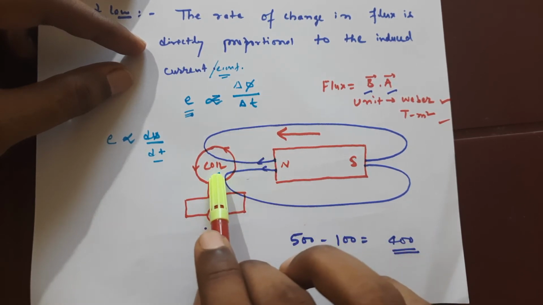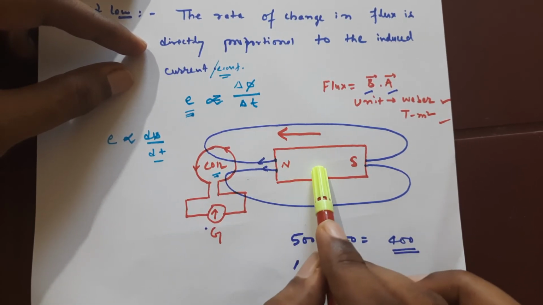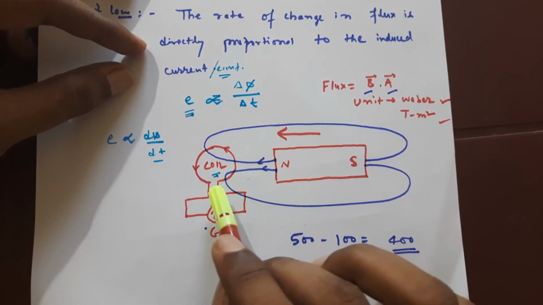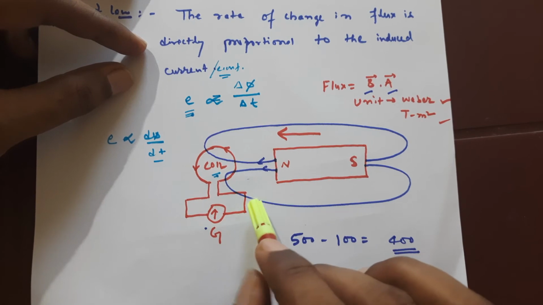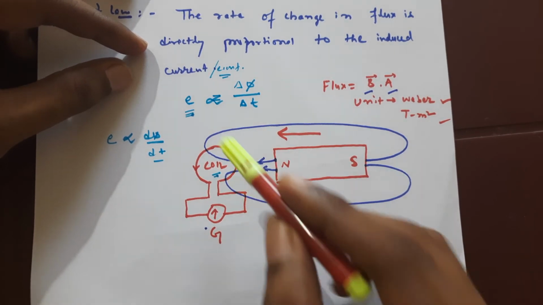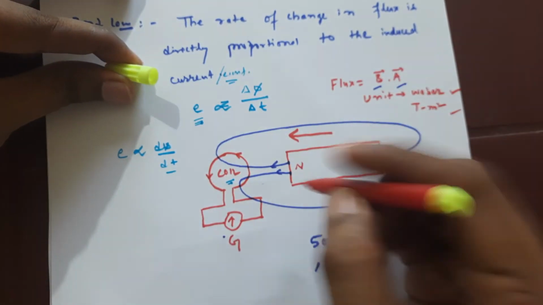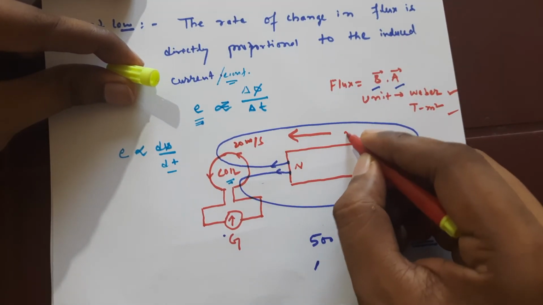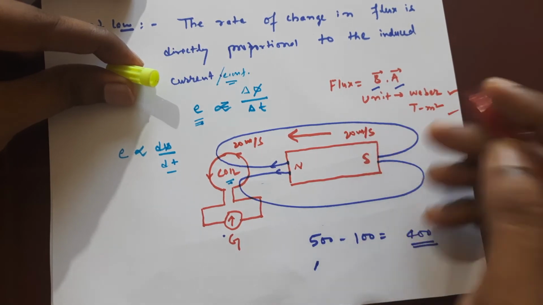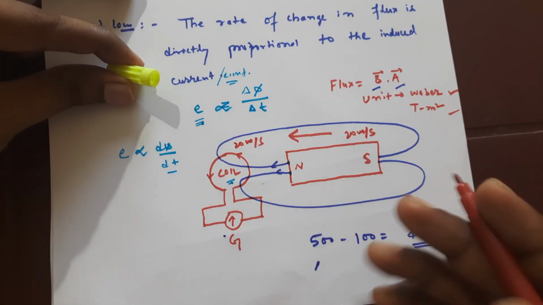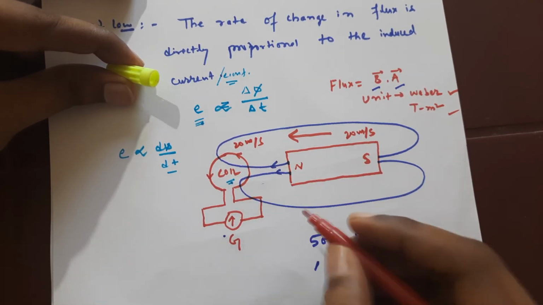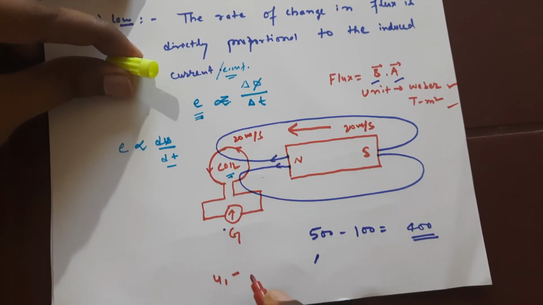So if both the coil and this bar magnet are at the rest position, in that case current will not be induced. And also one more thing, let us suppose it is moving with a velocity 20 meter per second, and the coil is also moving 20 meter per second, both in the same direction, let us suppose towards the left. So the relative velocity u1 minus u2 must be 0.